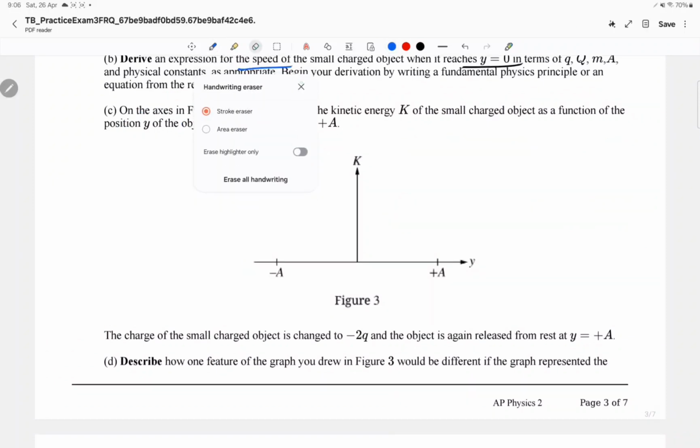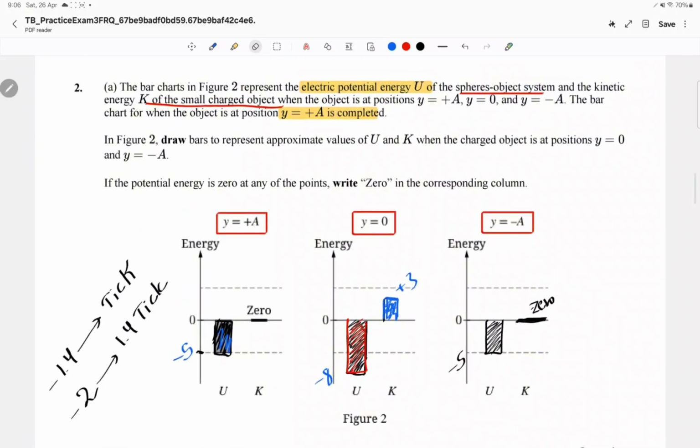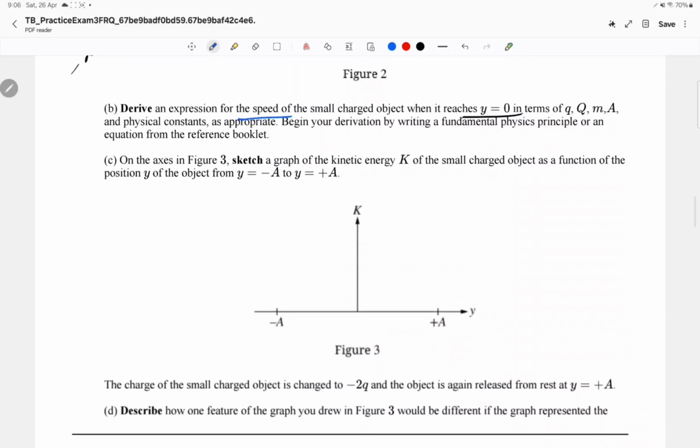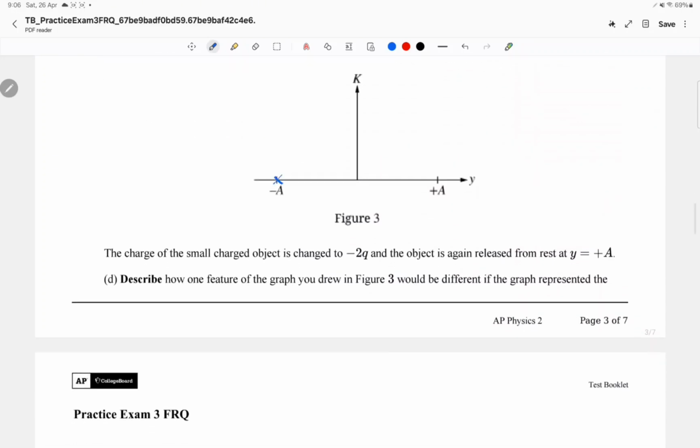So we're supposed to be sketching basically the K as we go from negative A to A. Now, as you know, we already know that at the endpoints, there is a 0 K. But then in the middle, there's a full K, right? It's the highest K possible in the middle. So that means it's going to be 0 here and 0 here, but some value here in the origin.